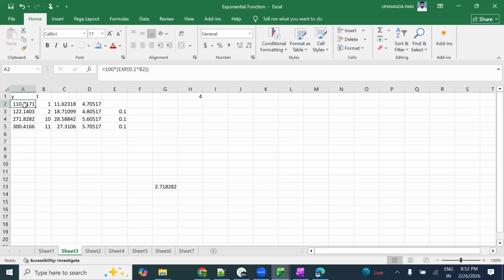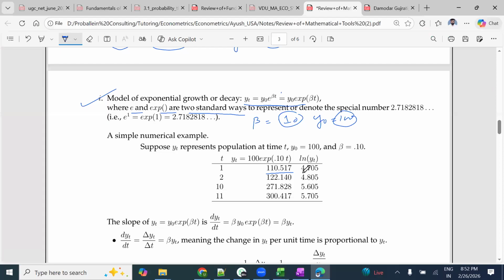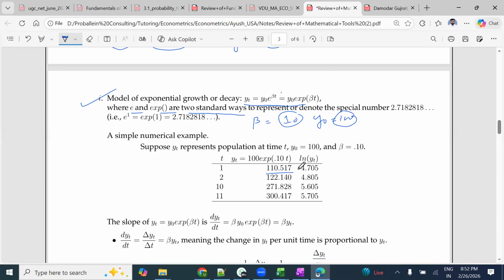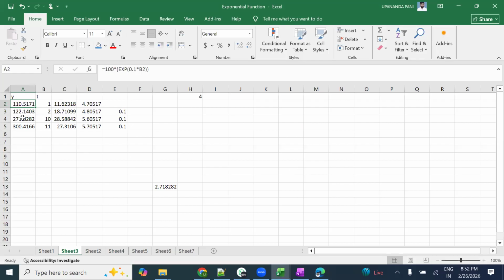So my Yt, as we already know, is 100 into exponent of 0.10 t. That will give me 110.5171. Okay, Bhakti ma'am? Yes, sir. Okay. Madhusudha, is it clear?